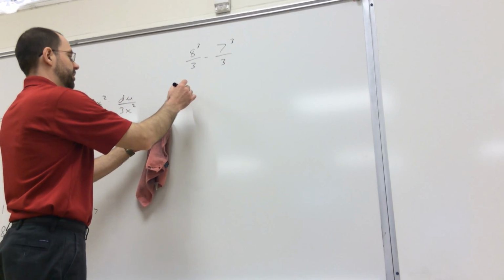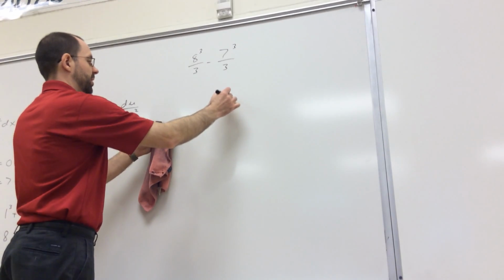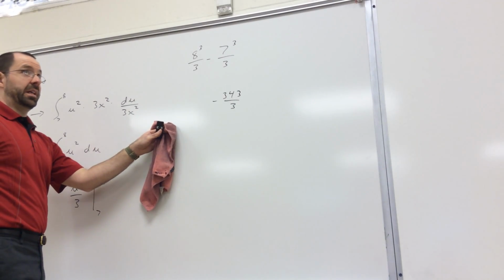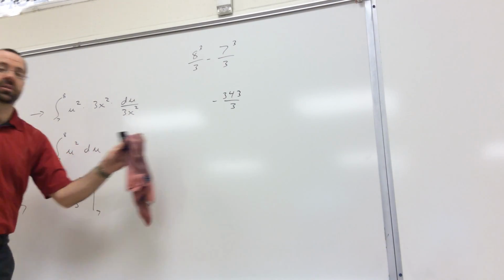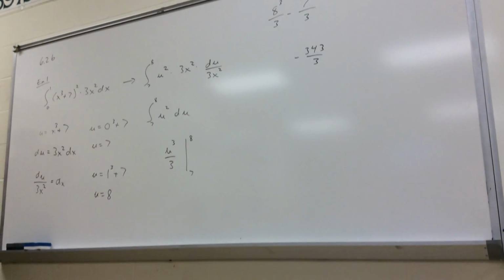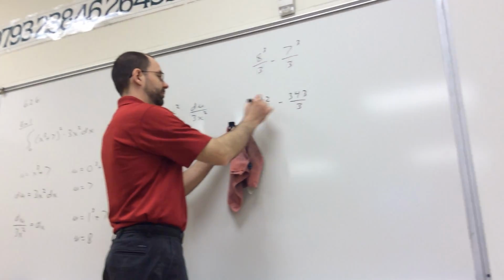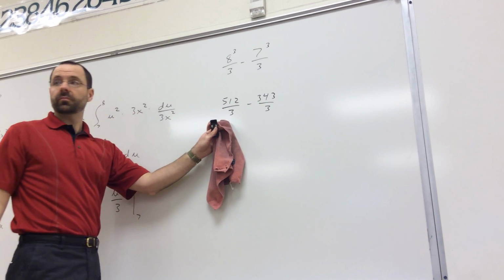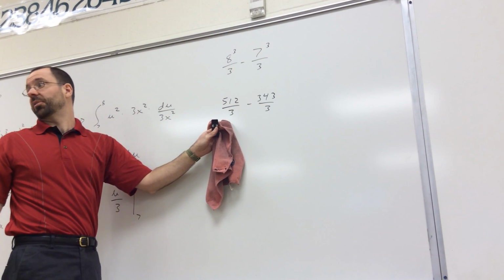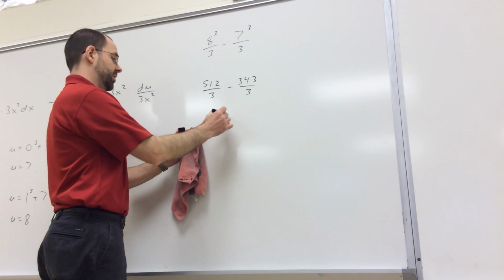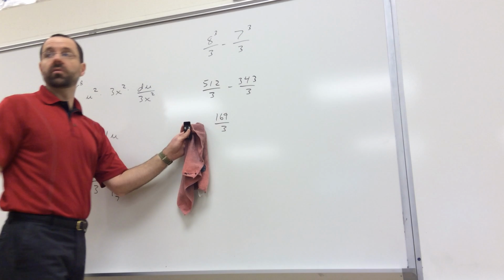8 to the third is, well, 7 to the third is 343. 64 times 8, just not remembering, 512. So then we have two fractions with a common denominator, so we just take 512 minus 343, and that's 169 over 3.